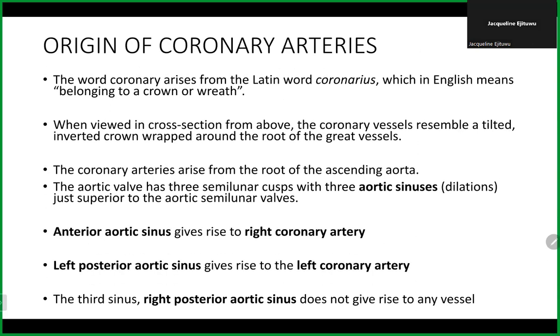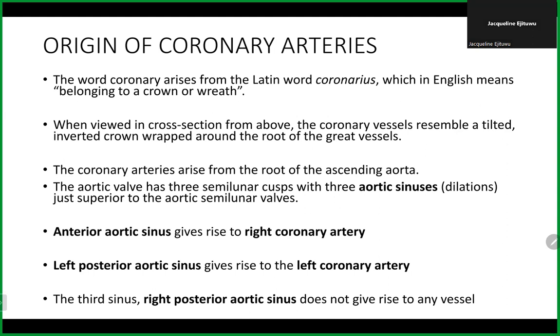The aortic valve, as we all know, has three semilunar cusps, above which we have dilatations known as the aortic sinuses. So the coronary arteries arise from these aortic sinuses. We have three main aortic sinuses. We have the anterior aortic sinus, which gives rise to the right coronary artery.